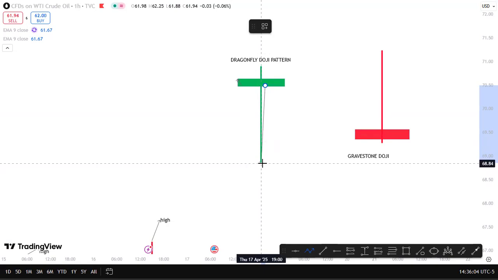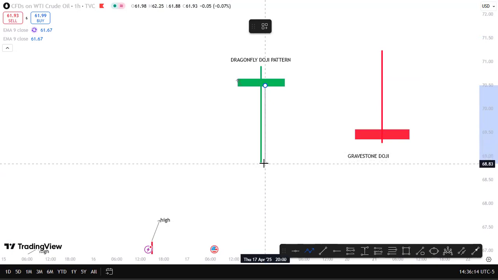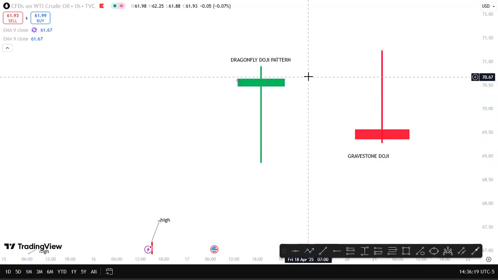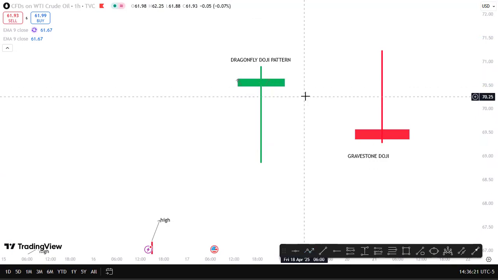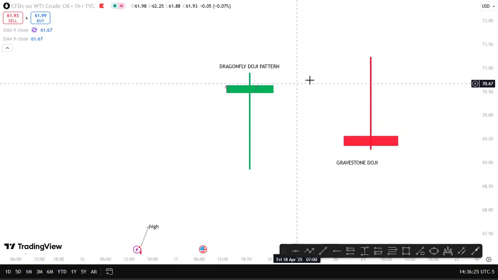But then buyers stepped into the market with a lot of buying pressure and pushed the price all the way to this top here, and then they closed at this point. This is an example of a Dragonfly Doji pattern.